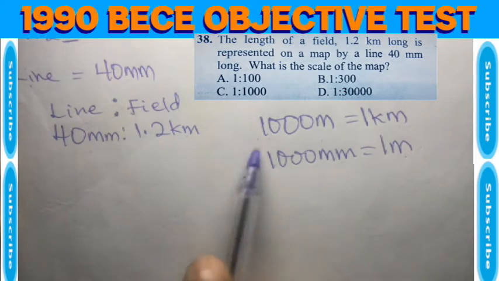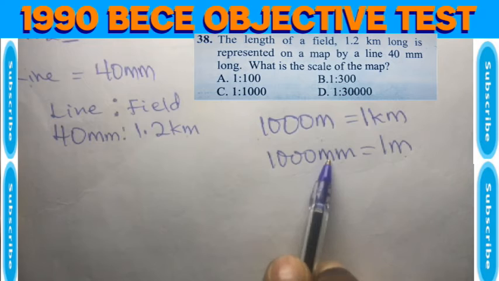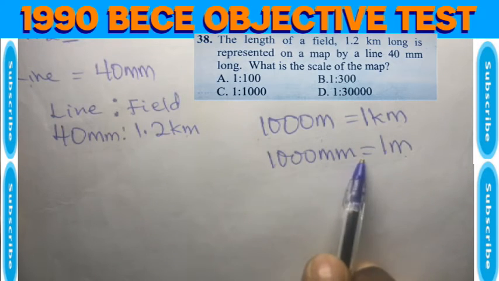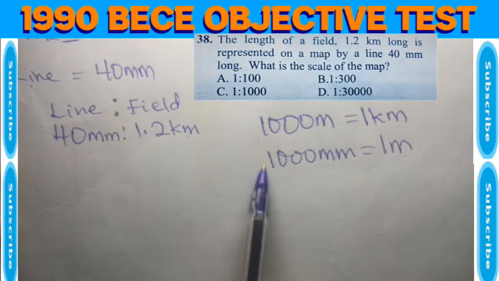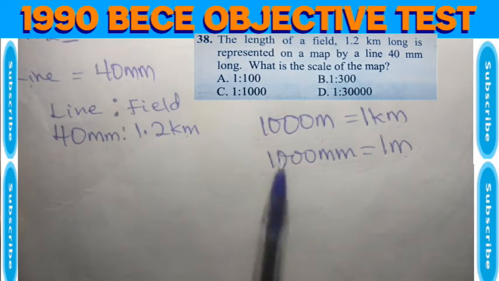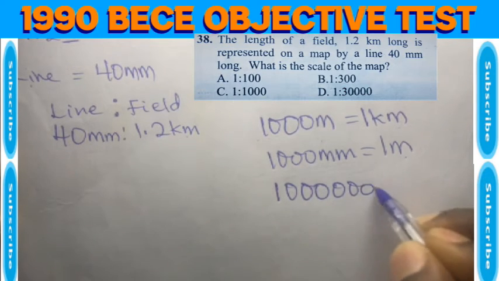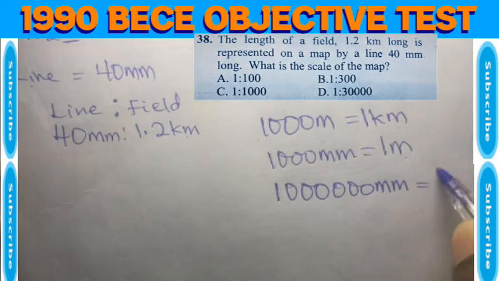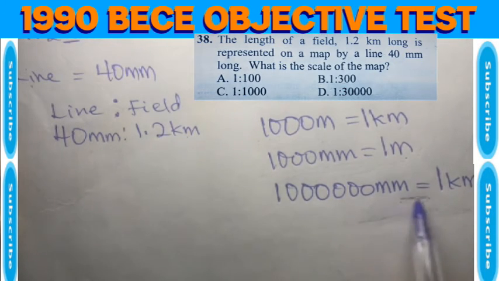So moving from millimeters to kilometers will be this multiplied by this. It will give you 1 followed by 6 zeros, which is 1 million. So 1 million millimeters will be equal to 1 kilometer. This is the conversion that will help us to find the answer.